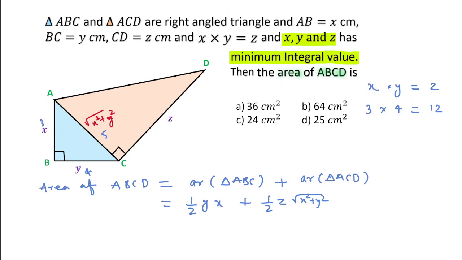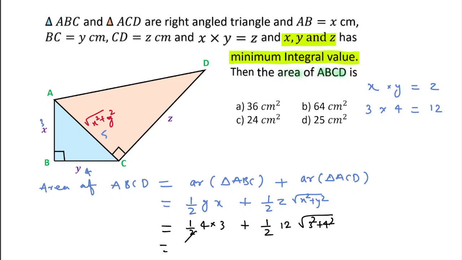Now we can write 1 by 2 in place of y, 4, and in place of x, 3, 1 by 2, and in place of z we can write 12, and under root x square plus y square is 3 square plus 4 square.